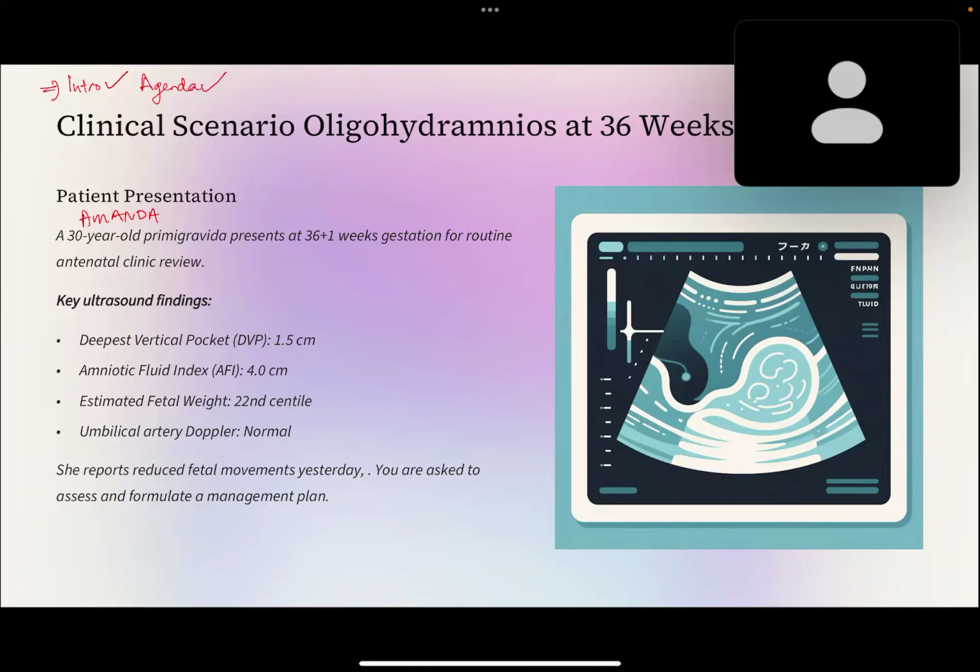I understand that you have reduced fetal movement since yesterday. Is that right? Yes, doctor. My baby was not moving well, and I'm very concerned. When you say not moving well, how many movements have you felt in the last 24 hours? 1 or 2 movements since the whole night, just 1 or 2 times I feel a kick.